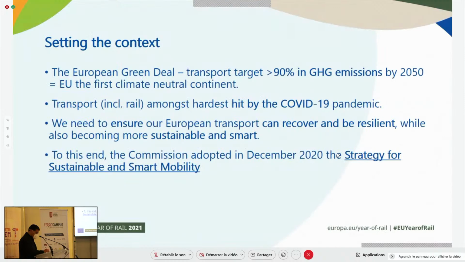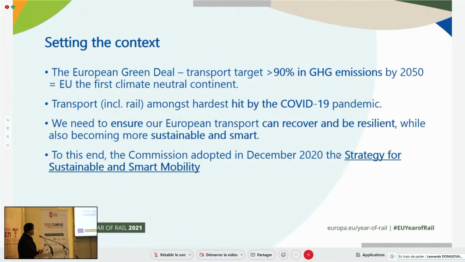So I will start by setting the context. We were asked in this panel to address the point on the competitiveness of the rail sector. And here the point is what DG Move is doing to address the competitiveness of transport as a general point, and rail in particular.